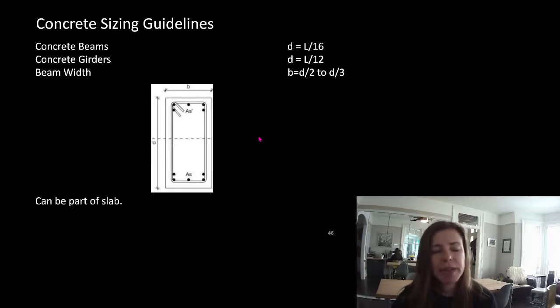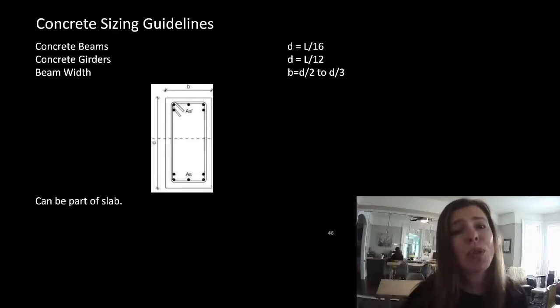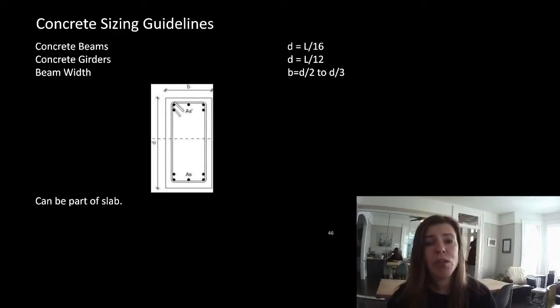Beam width, again, is not well defined. We're going to draw it as d divided by 2 to d divided by 3, but it can be really wide and shallow. It can be really wide relative to its depth. So don't put too much into it. Don't get caught up on that.